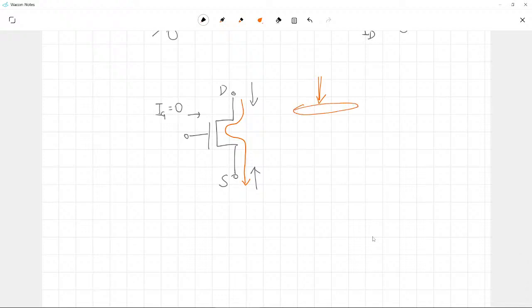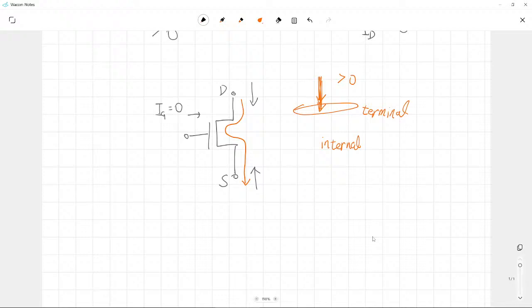Yes, here we have a terminal and the current component going this way. This is the internal structure of our element, and this is regarded as the positive one.